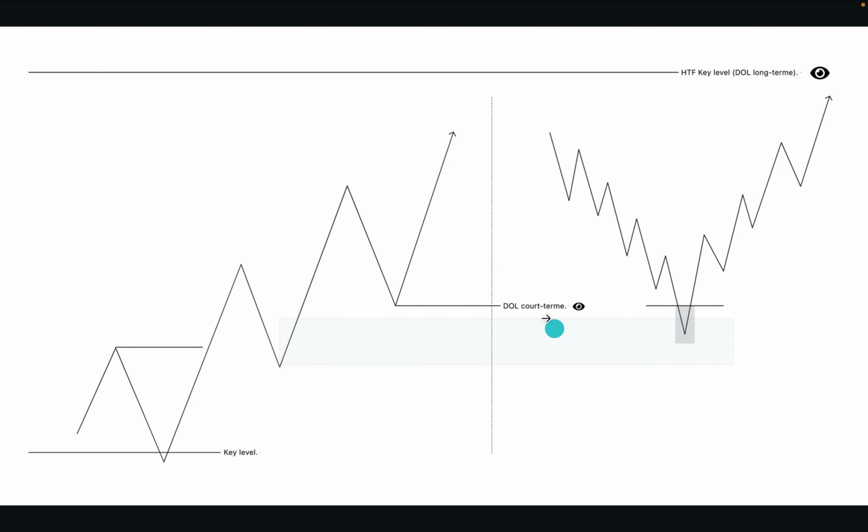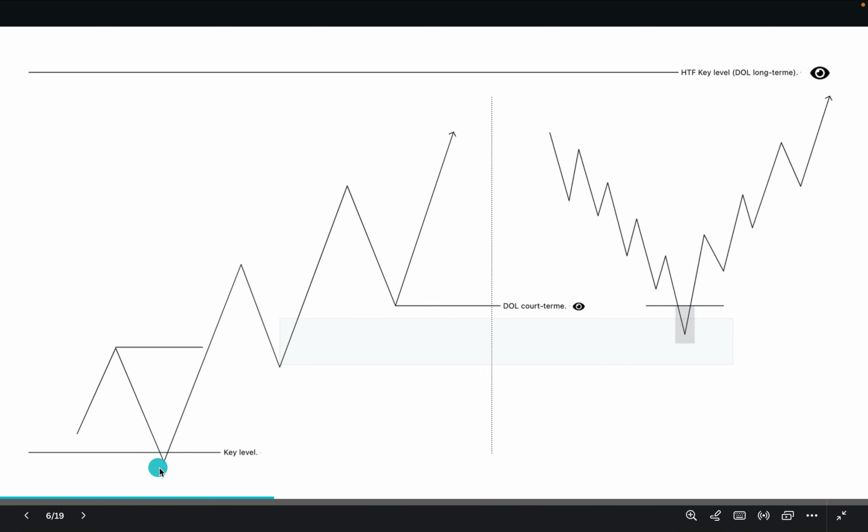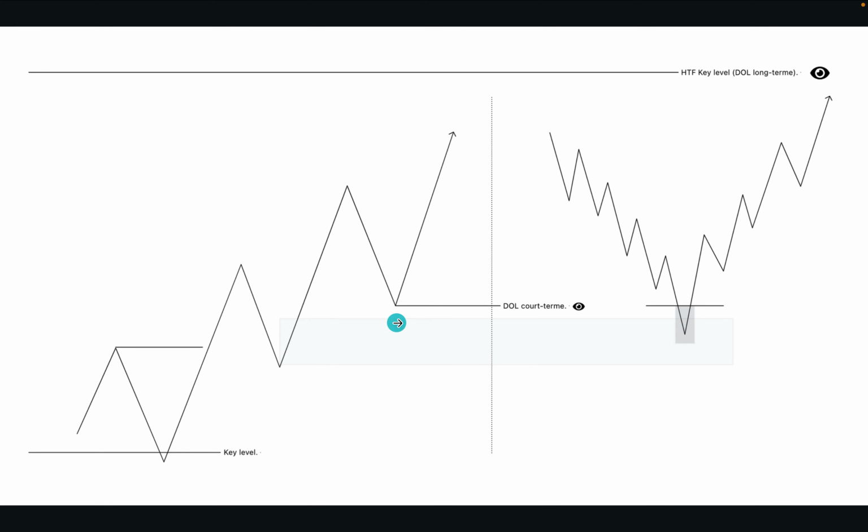So you have the short term right there. Sorry, this is in French. And this is the long term. Now, this is, for example, a weekly time frame.